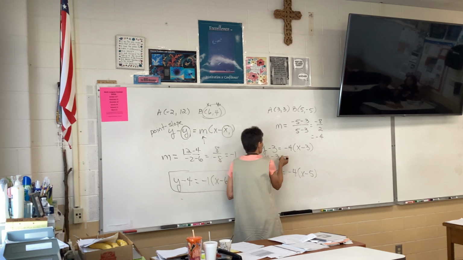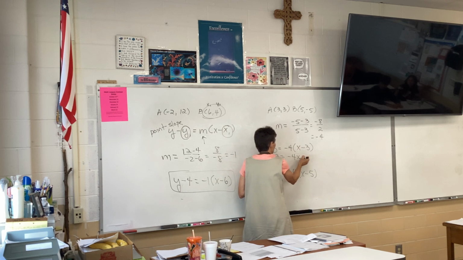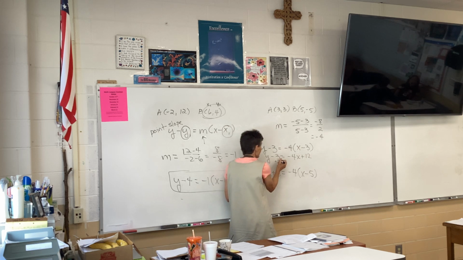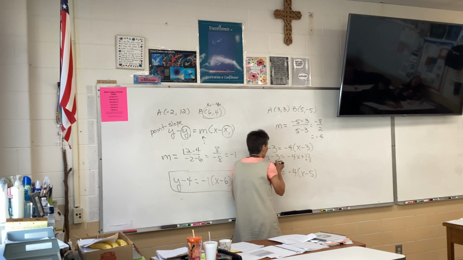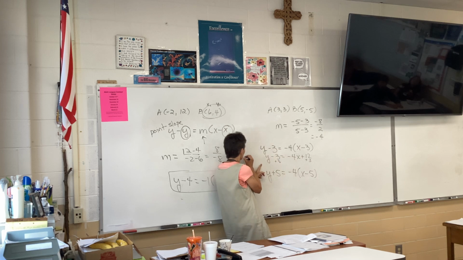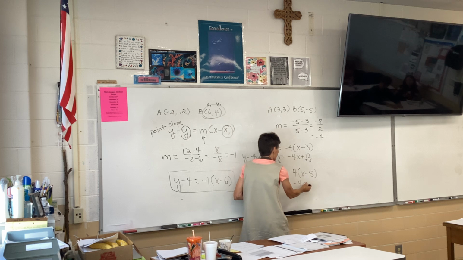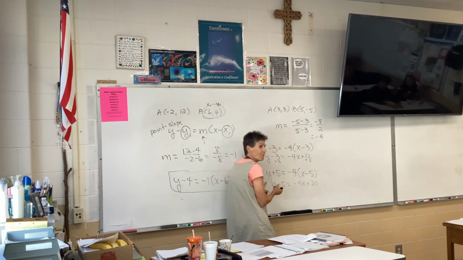If I did the distributive and moved the 3, in other words, if I got y by itself, this equation would say y equals -4x plus 15. Now, what if I did the same thing down here? You see what's going to happen?